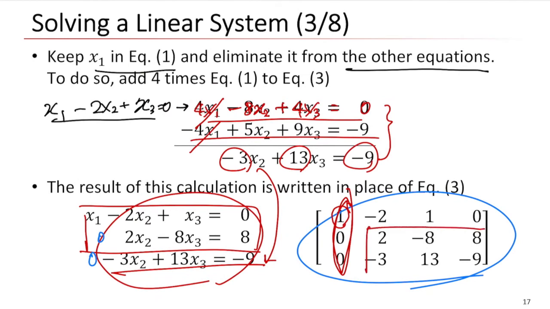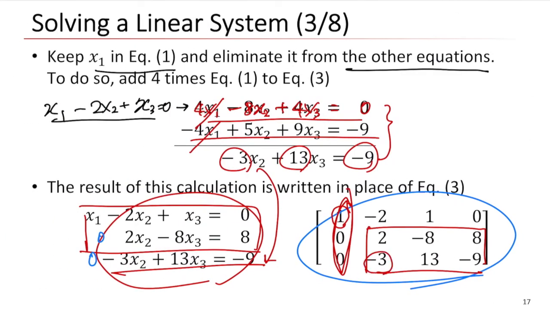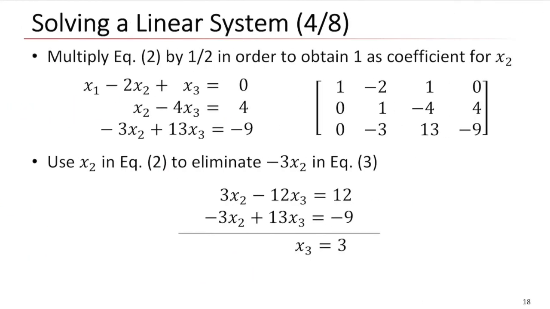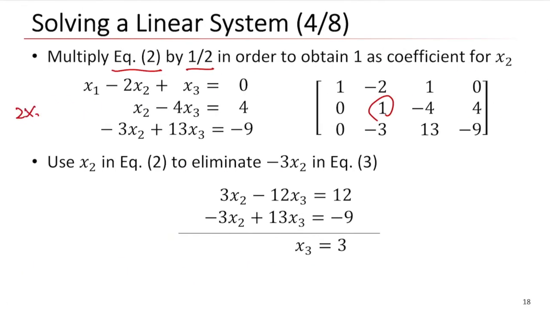So what is the next? From this part, I want to remove these values using this equation. Okay, how can we do this? First of all, we can multiply equation 2 by 1/2 in order to obtain 1 as the coefficient of x2 like this.